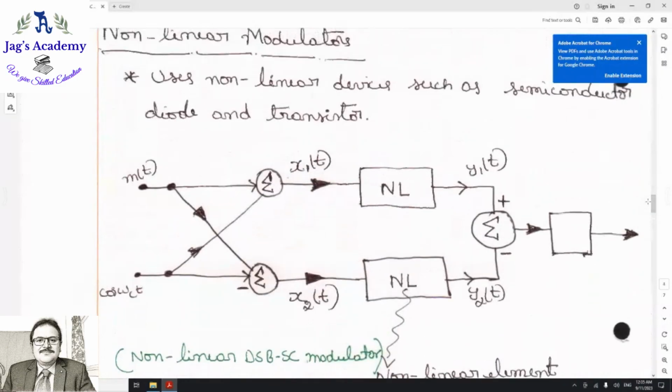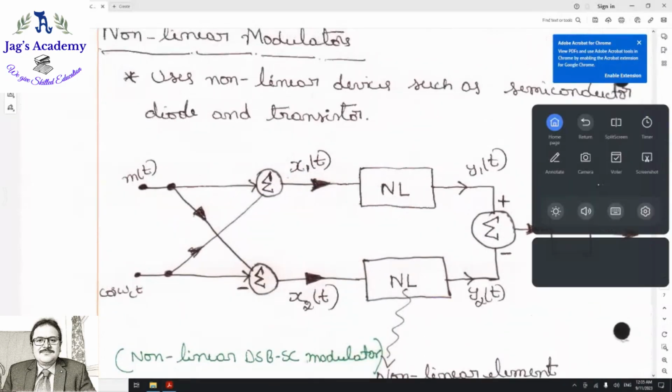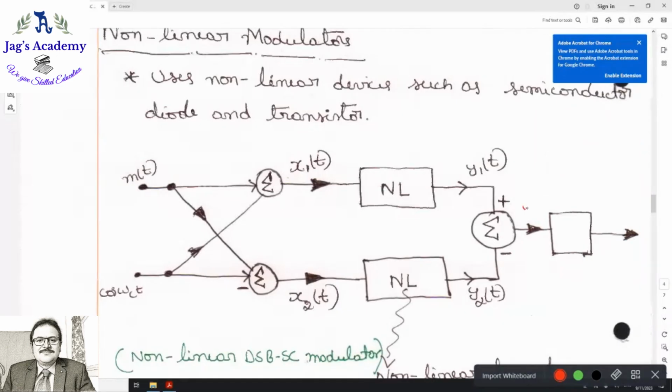If I see the expressions at this point, it may have both baseband and passband frequencies. And what is required here? Only passband frequencies. Yes or no? Because you are generating double sideband suppressed carrier wave. So definitely you may need a low pass filter here to remove the baseband signal, right? Yes or no? So we will see what type of filter is used there.